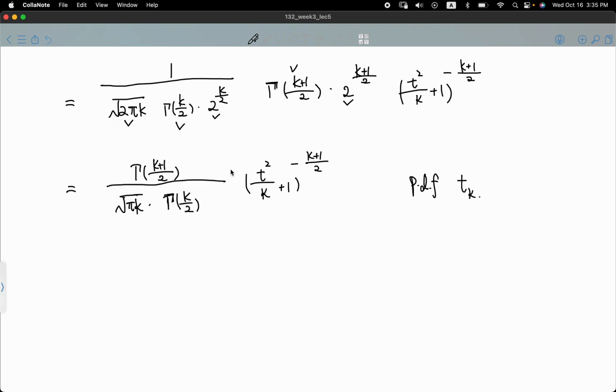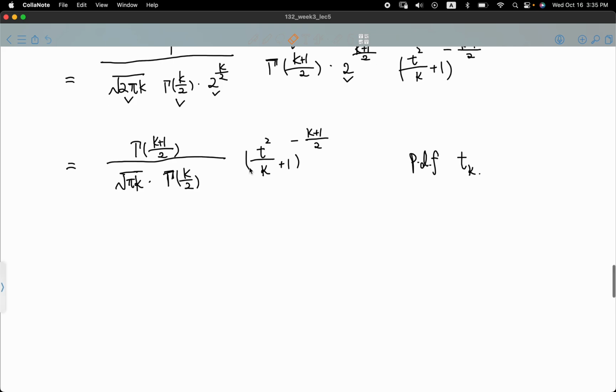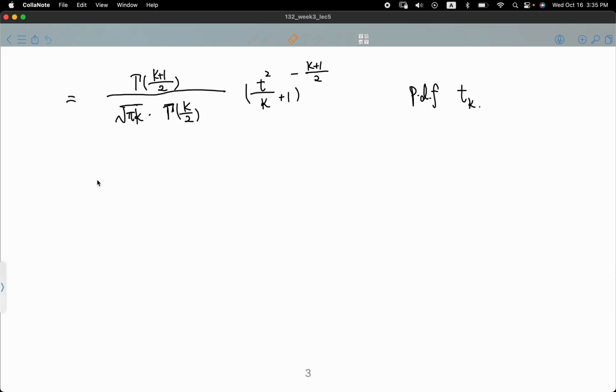Just to summarize the construction, for this lecture: when you have z following standard normal, the summation of i from 1 to k of z_i squared follows a chi-square distribution with degrees of freedom k.